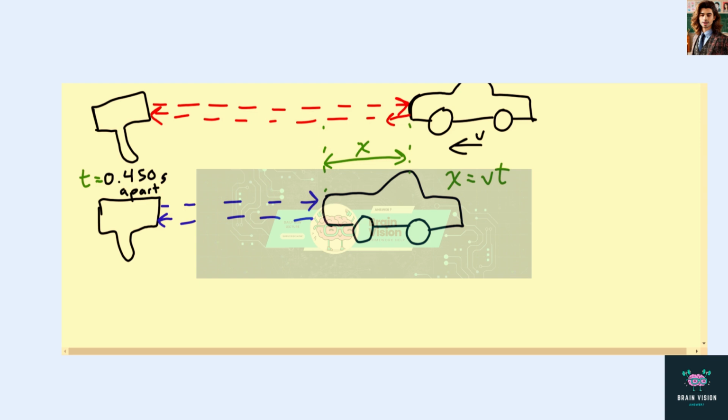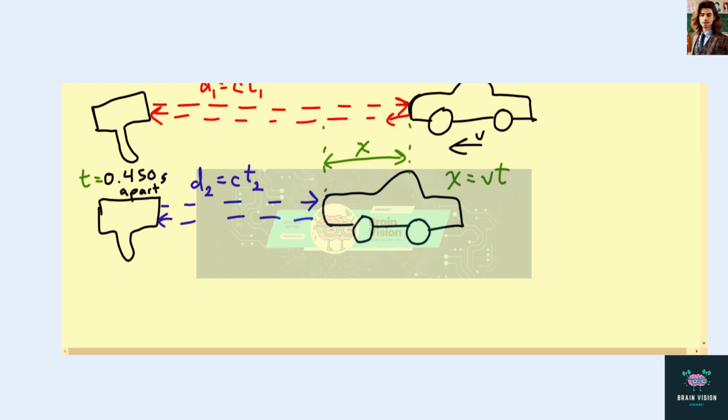Well, we know that there's this original distance that the first pulse of light has to travel, d1, equal to its speed times t1, the time that it takes. And that's for the round trip. So for the beam to reach the car and then return back, it's traveling a round trip of d1 in a time t1. Likewise, the second pulse of light travels a distance of d2 equal to its speed c times t2, so a shorter time.